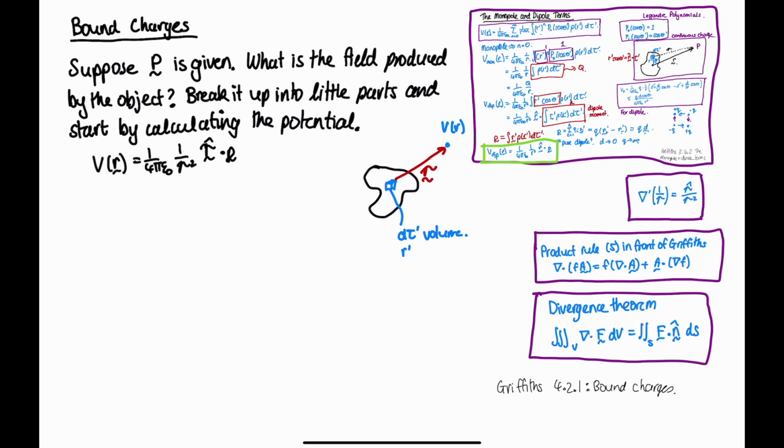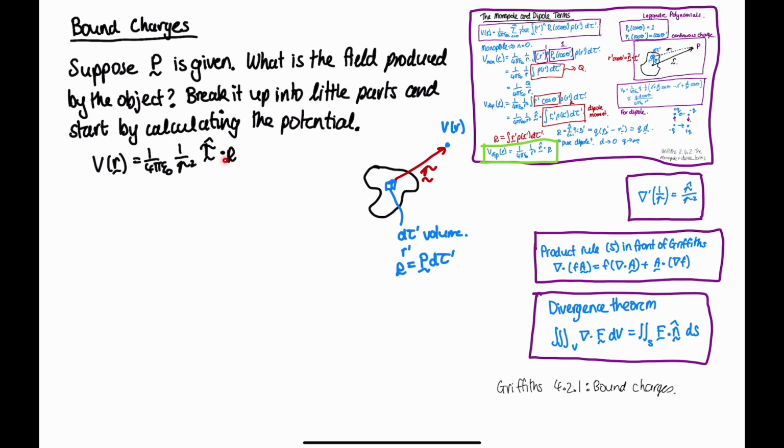And the dipole, the little p of this volume increment, is equal to the polarization times the volume, because the polarization is the dipole moment per unit volume. So what we can do now is replace this dipole moment with this polarization. Polarization is a vector, and this dipole moment is a vector.